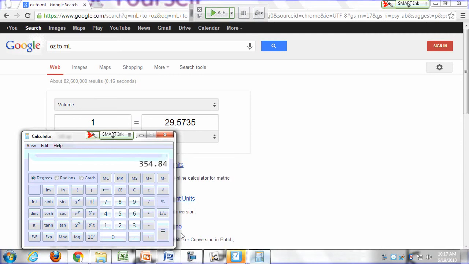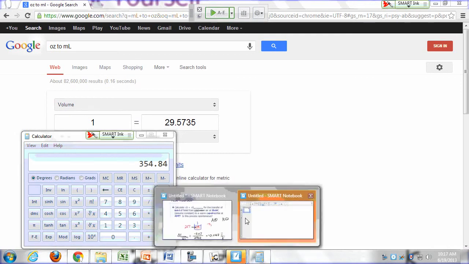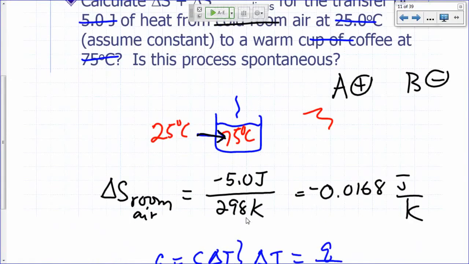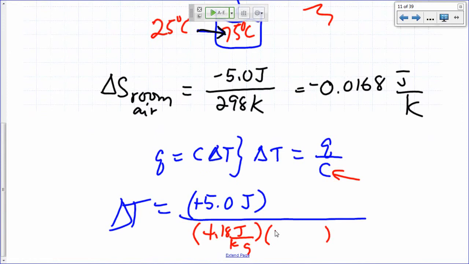Yeah, it's 355 on your soda can. So if it's mostly water, how many grams will that be? 355 grams, right? Water is 1 gram per mL. So let's assume you have 355 grams of water in your coffee, and it's pretty much just water.